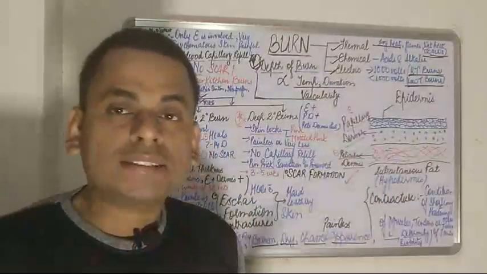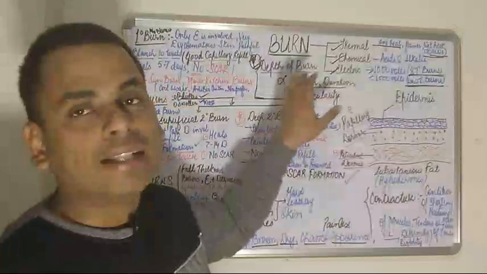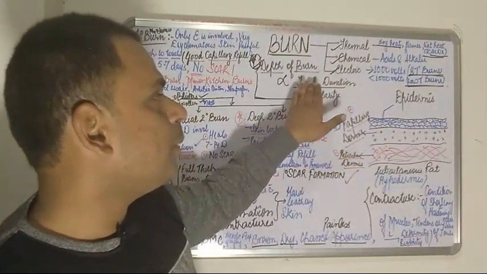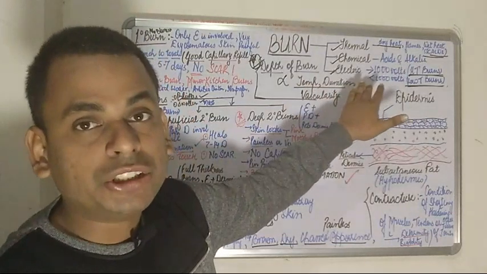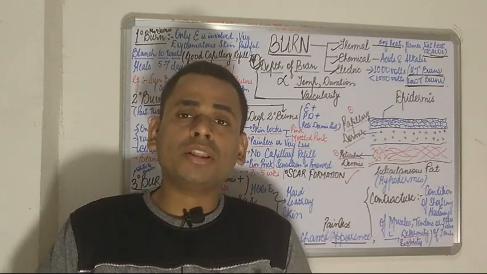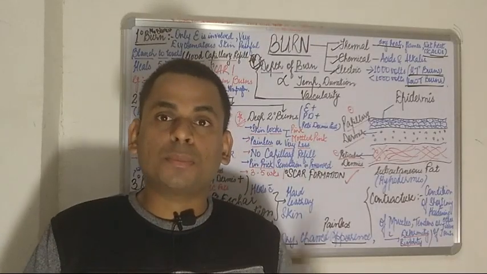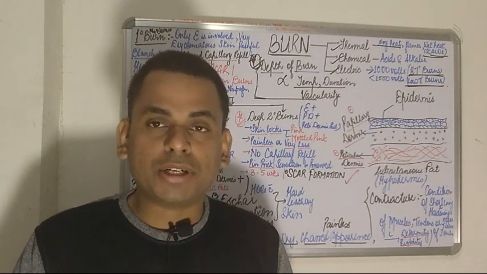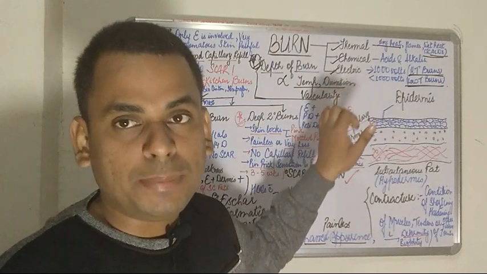The depth of the burn is directly proportional to the temperature and the duration, and inversely proportional to the vascularity. The more blood vessels in that particular area, the lesser the extent of the depth of the burn will be.